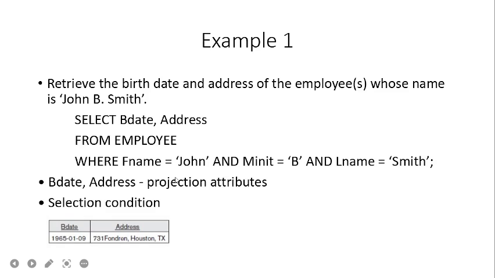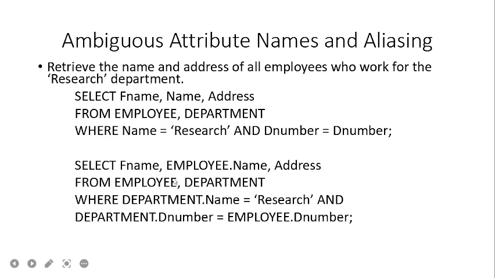Suppose that is the case, then the query would be: select F name, name, address from employee, department where name is equal to research and department number equal to department number. Suppose they are both the same, that is, the employee relation has department number and the department relation has department number. They represent two different tables, but we have the same name for these attributes.